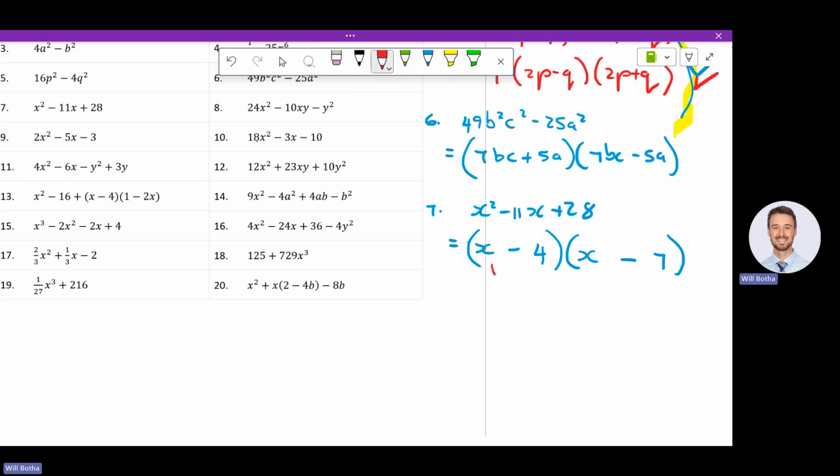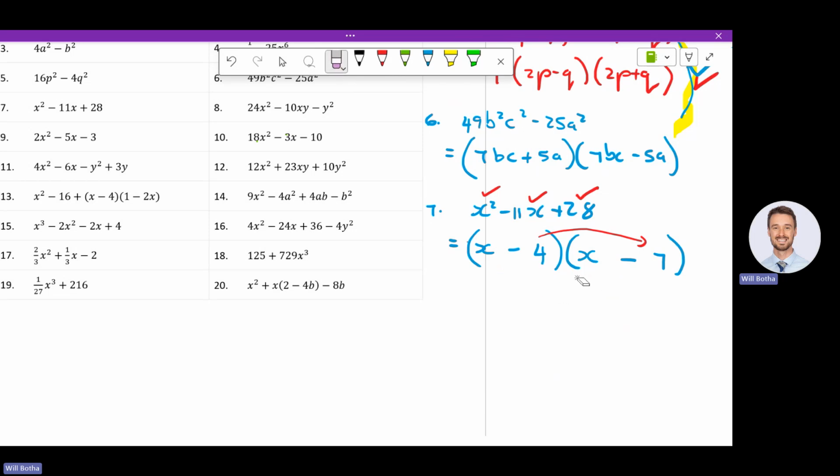If I test this, x times x is x squared. Yes. The last terms, negative 4 times negative 7 is positive 28. Fantastic. And the middle terms, I would have negative 7x minus 4x, and negative 7x minus 4x is minus 11x. So all my terms work out. This is great news.